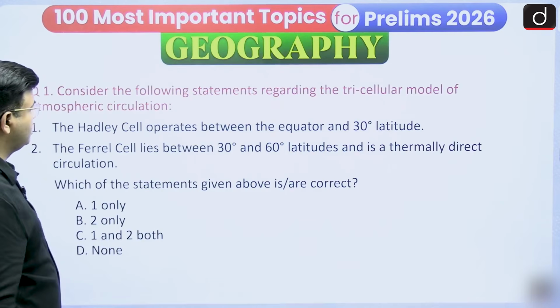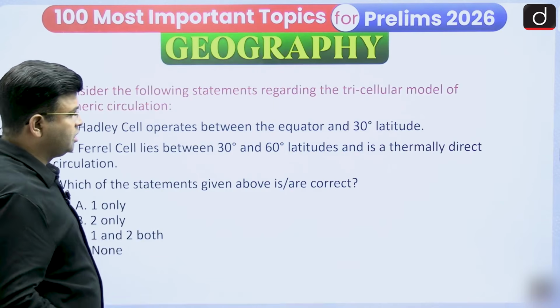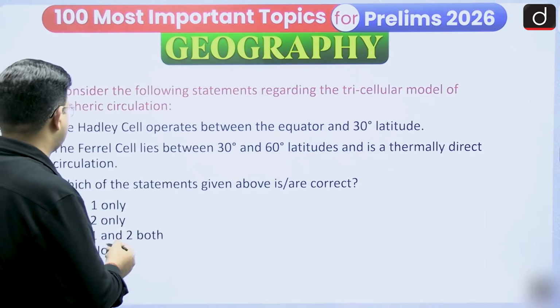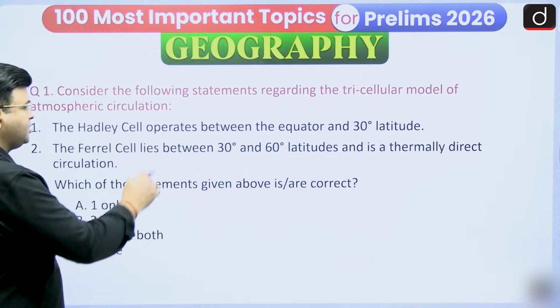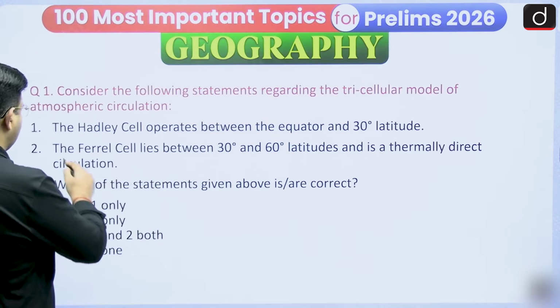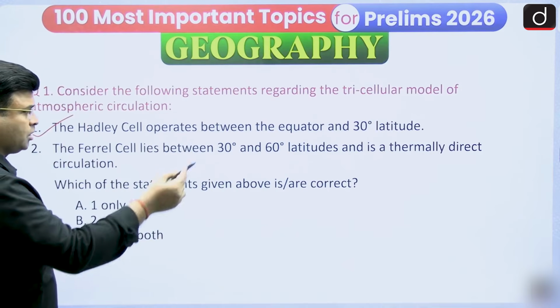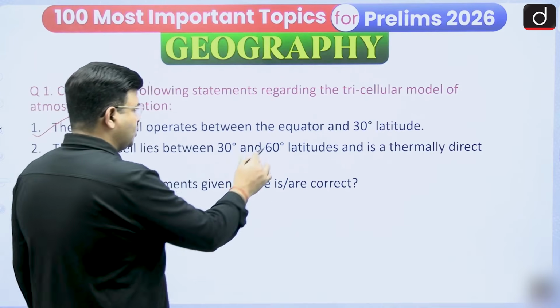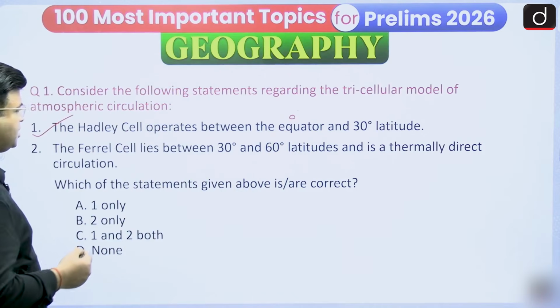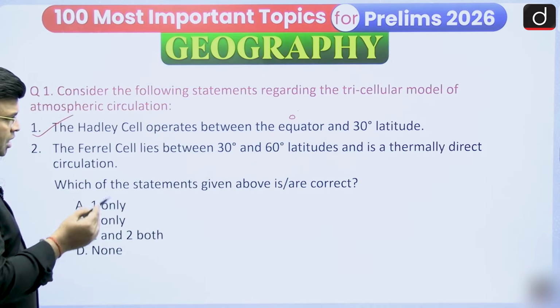Here the first question says: consider the following statements regarding the tricellular model of atmospheric circulation. First statement says that the Hadley cell operates between the equator and 30 degrees. Yes, the Hadley cell operates between the equator and 30-degree latitude. Another: the Ferrel cell lies between 30-degree and 60-degree latitude.